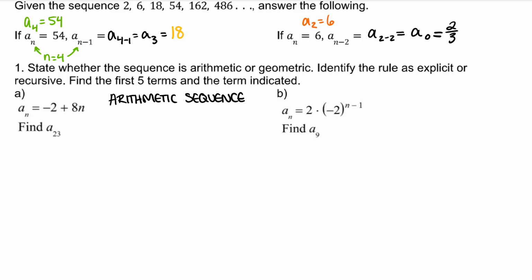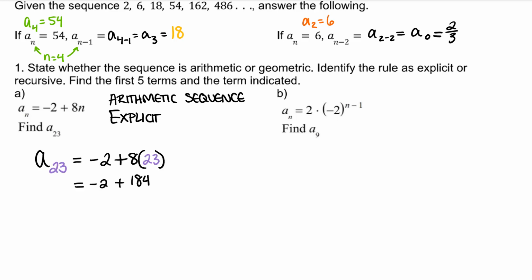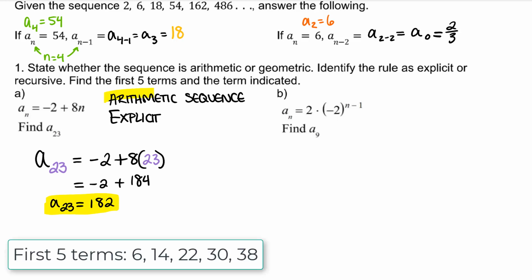I have a rule, a sub n, dependent on n. That is an explicit rule because I can plug in any value of n and find that indicated term. So find the 23rd term by plugging in 23 for n. So a sub 23 is 182.